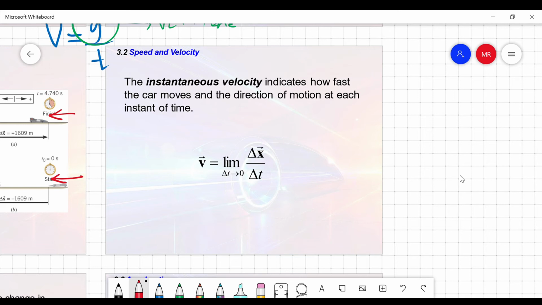Kasi halimbawa, meron kang velocity. Like for example, you are riding a motorcycle, from home going to school. Ngayon, pwede mong sabihin na ang takbo mo, for example, from your home going to school is 40 kilometers per hour.